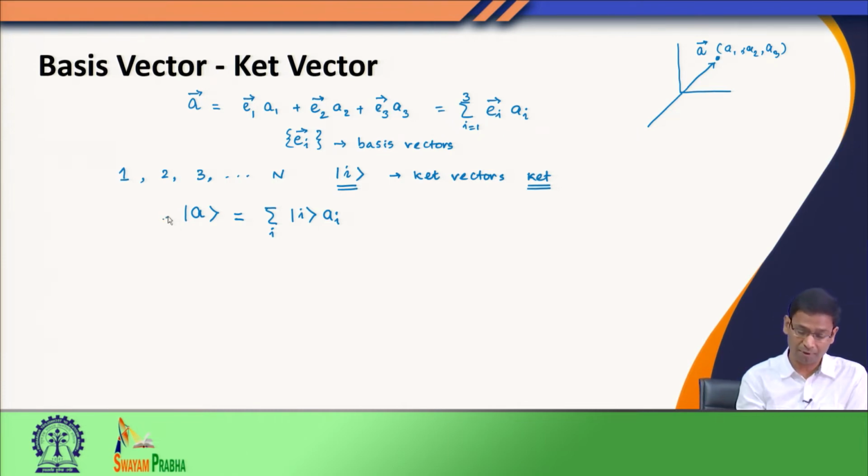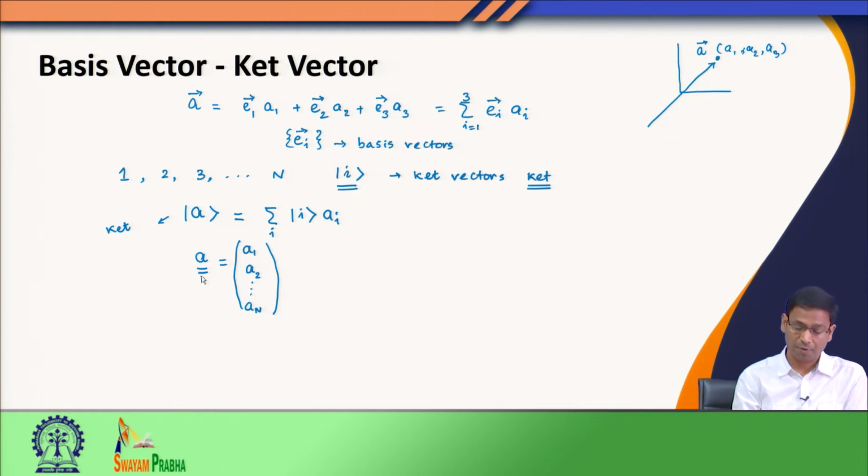So, now what I have defined is known as the ket. Now, this ket function can also be expressed in terms of a matrix. For example, I can define a matrix A, which is essentially a column vector whose elements are simply A1, A2 and up till An.